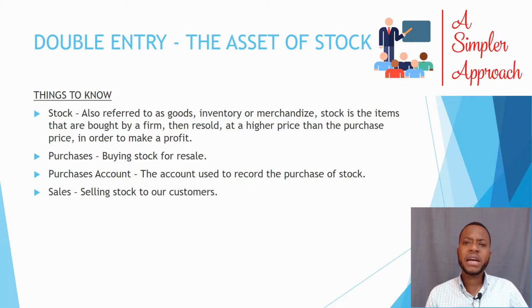So if we're talking about a haberdashery, a supermarket, a wholesale, we're talking about rice, flour, tin items such as mackerel, sardines and stuff like that. Those things are bought and then sold again at a profit. So that refers to stock. That's what stock is.